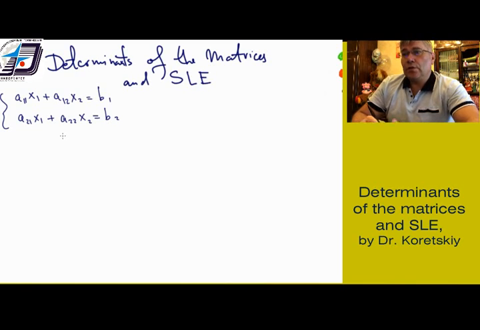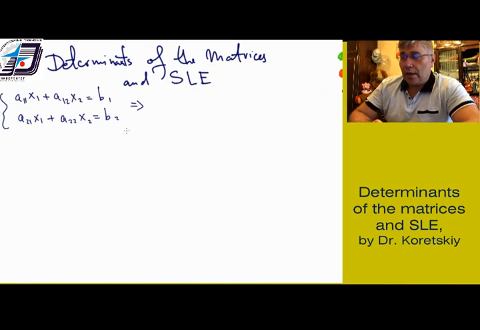And to solve this system of equations means that we have to find x1 and x2 so that these two equations in the system are satisfied. It means that they turn into equalities.